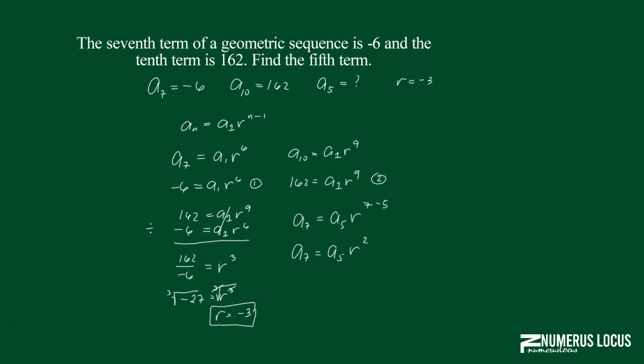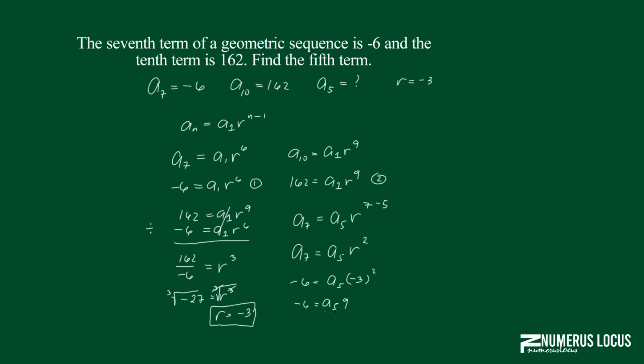And since we know our r is -3 and that a sub 7 is -6, we have -6 equals a sub 5 times -3 squared. That is -6 equals a sub 5 times 9.